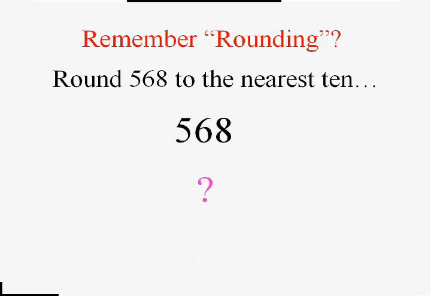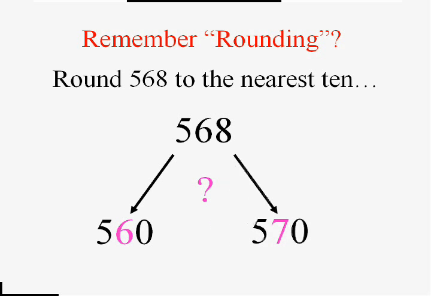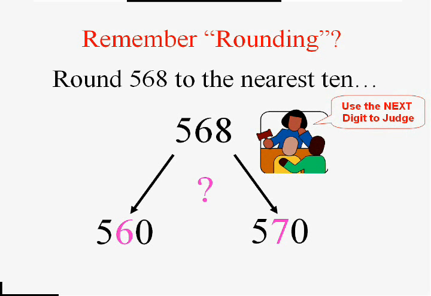So we're either going to have 560, the same digit for the tens, or 570, the next larger one. We never go down. Now, how are we going to decide? We use the next digit. The next digit is 8, and that's more than halfway, so we're going to go up. The answer is going to be 570.